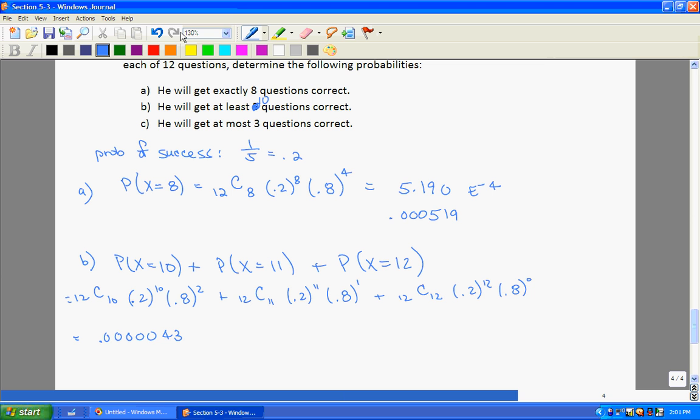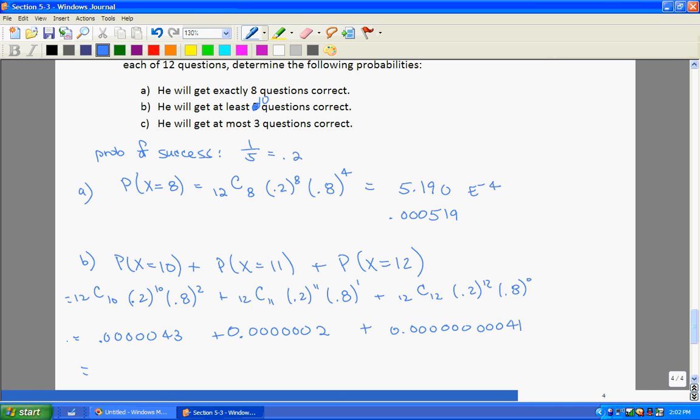So for that first one, I get 0.43 e to the negative 6, which is that scientific notation. So if I move my decimal place over 6 times, a really, really small number. And then for the next one, I get another very tiny number. And for the last one, an even smaller number. So it's not looking too good that he's going to get at least 10 questions correct.